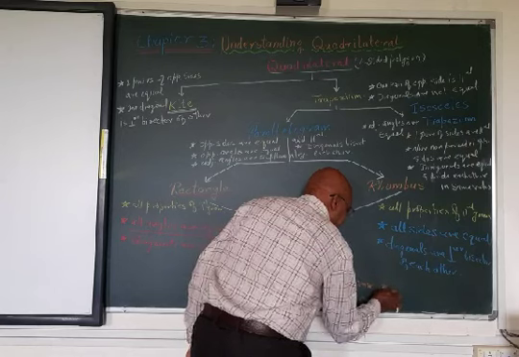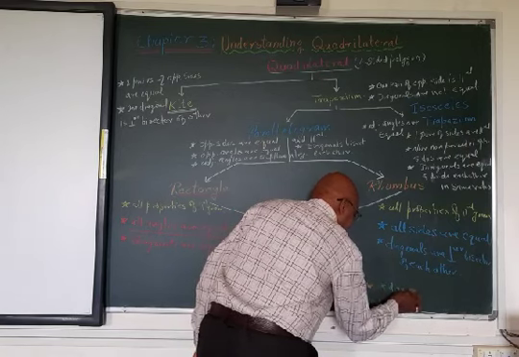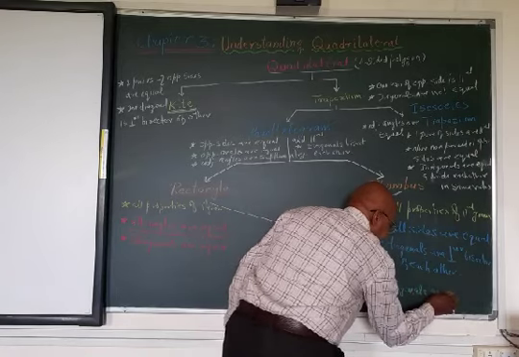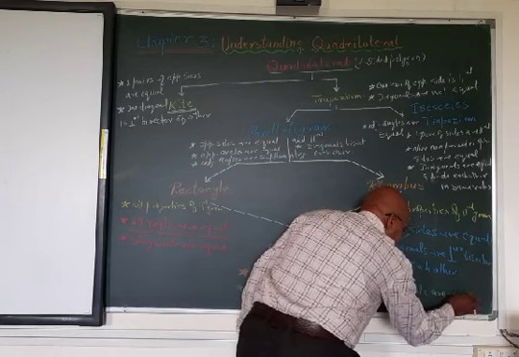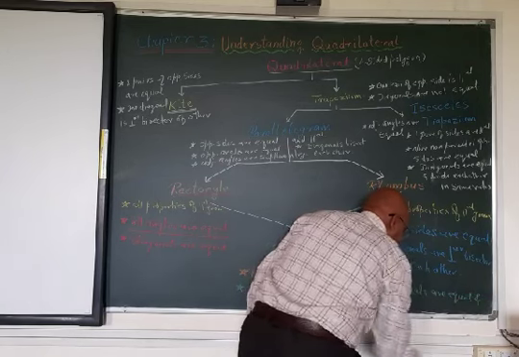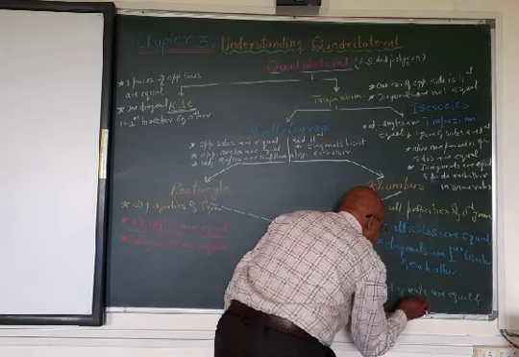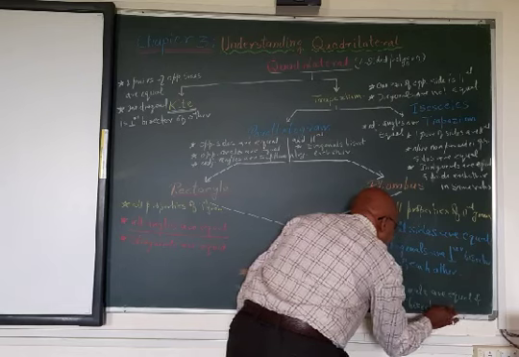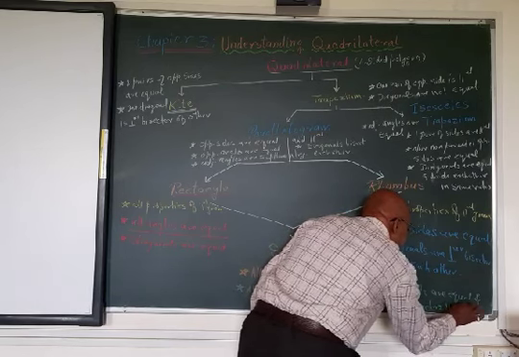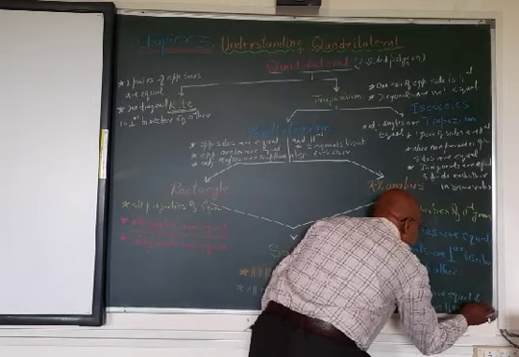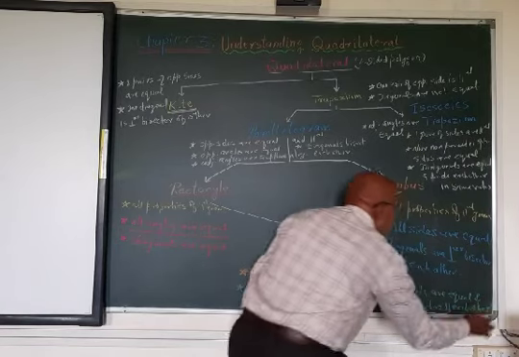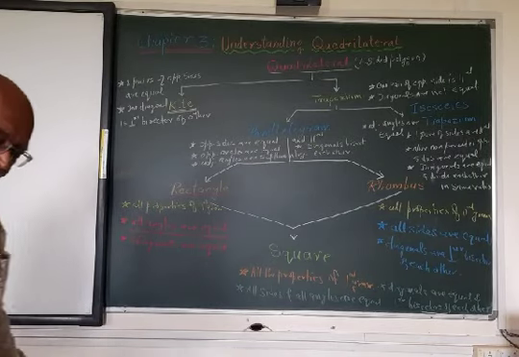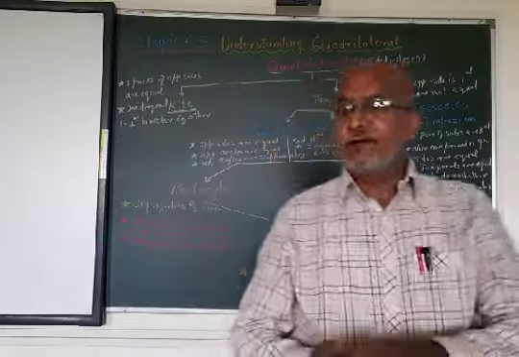Here I can write diagonals are equal and perpendicular bisector of each other. So this is the complete tree.